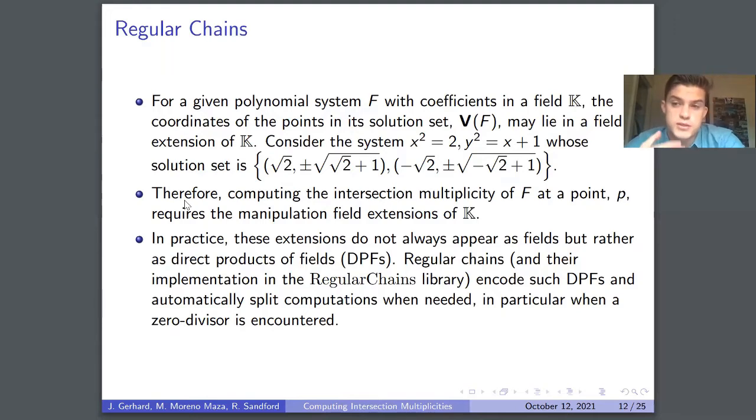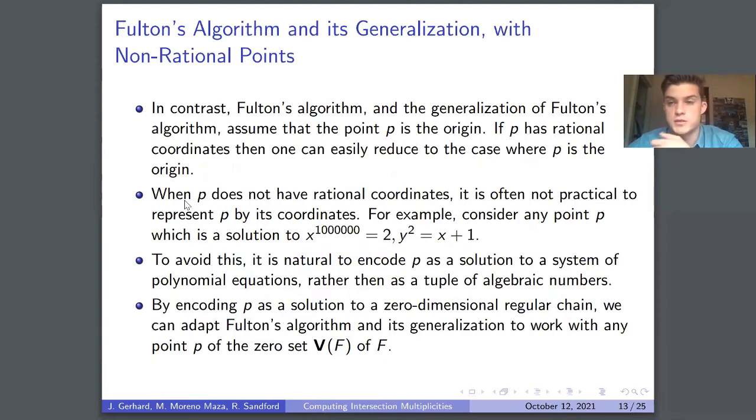Therefore, when we compute the intersection multiplicity, we're going to need to manipulate field extensions. In practice, field extensions can occur as direct products of fields, and these objects, regular chains, can encode direct products of fields and apply splitting when necessary, like in the case of a zero divisor. And these are implemented in the regular chains library of Maple.